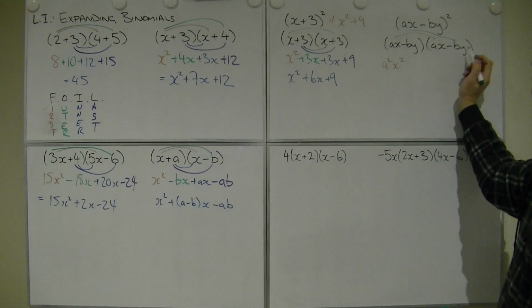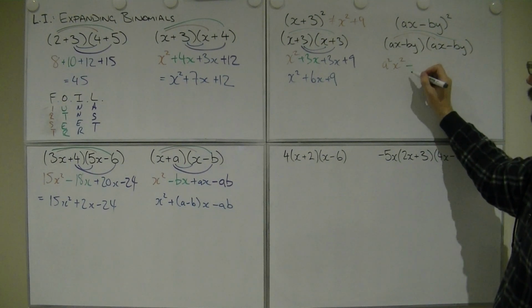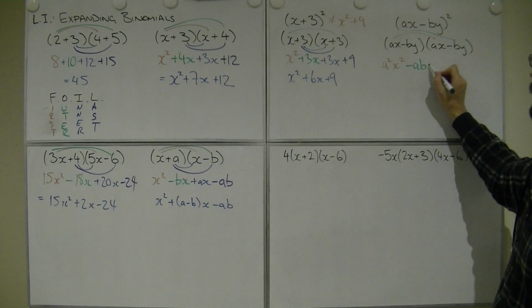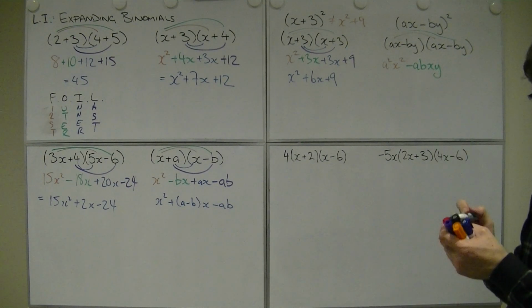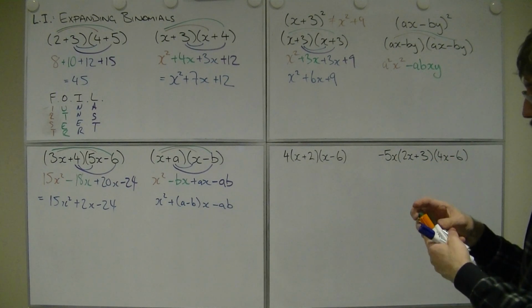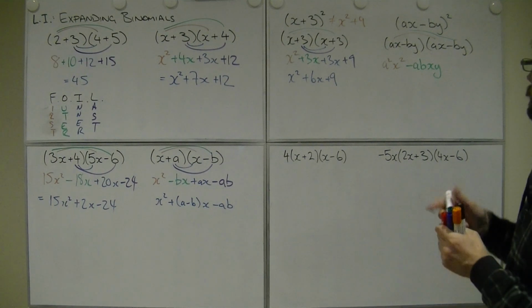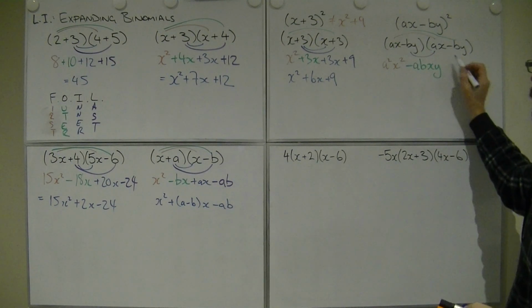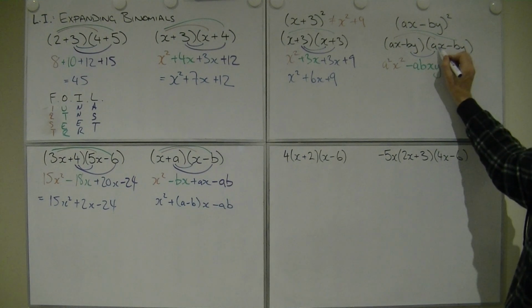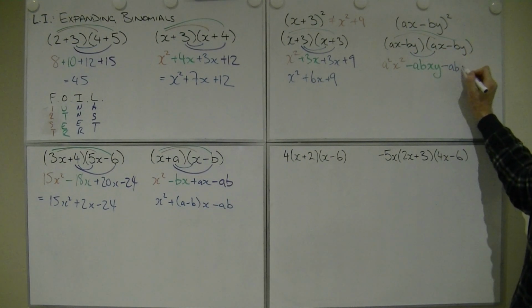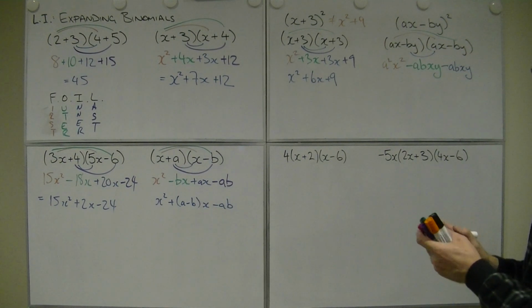Ax by negative by, so a positive and a negative gives me a negative. A times b times x times y. It's usually a good idea to put them in alphabetical order. Cool. These two, negative by a positive, negative a by b by x by y.